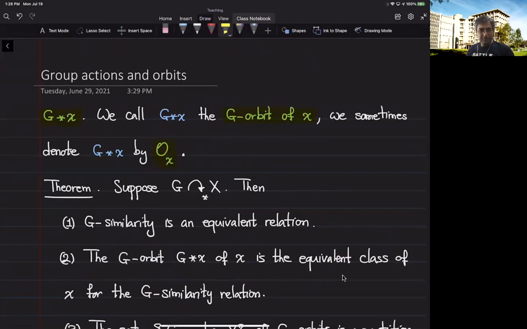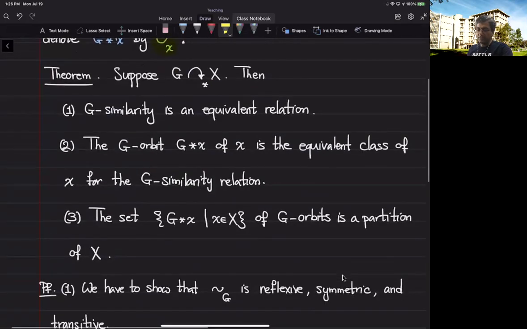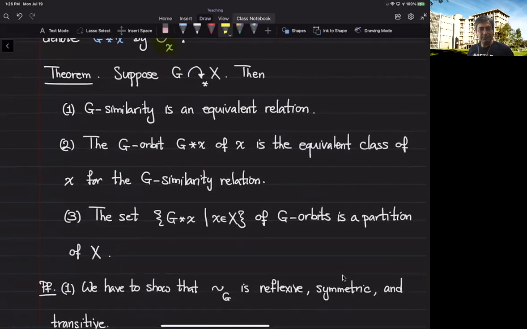Now, the next theorem gives us a fairly good understanding of the set of all the G-orbits and so on. The first thing is that this G-similarity relation is in fact an equivalence relation.